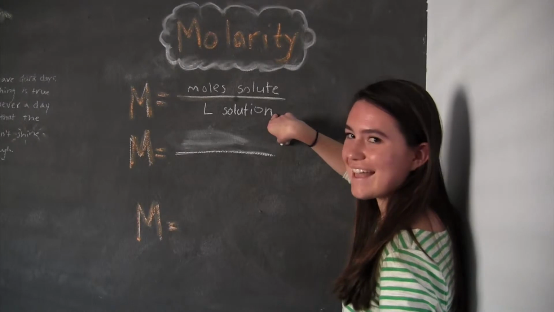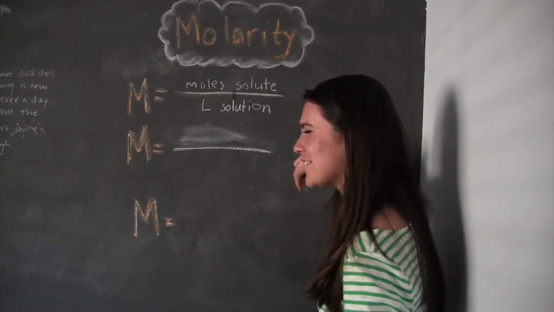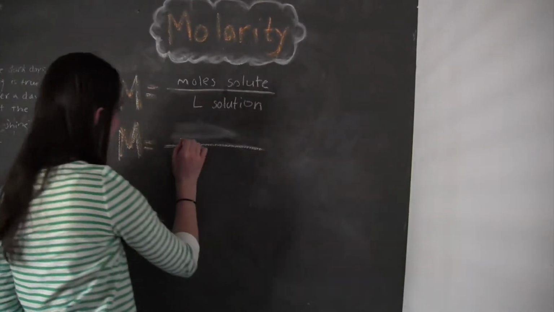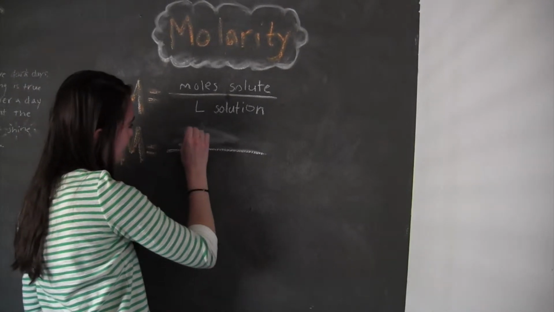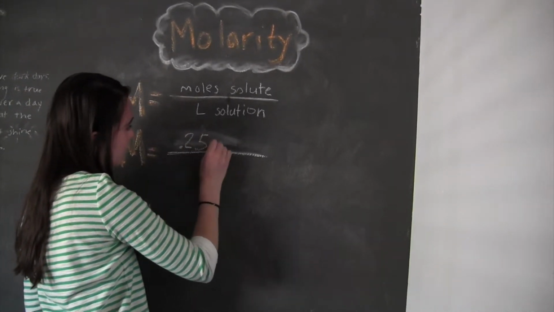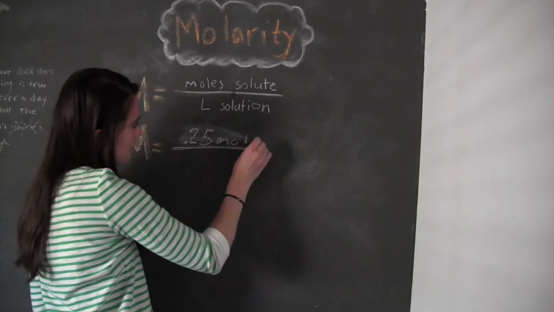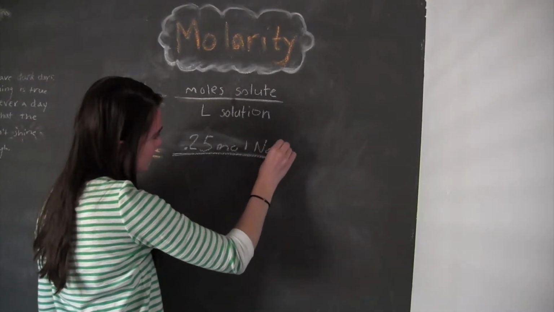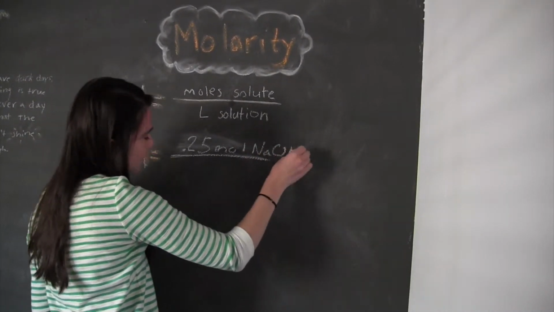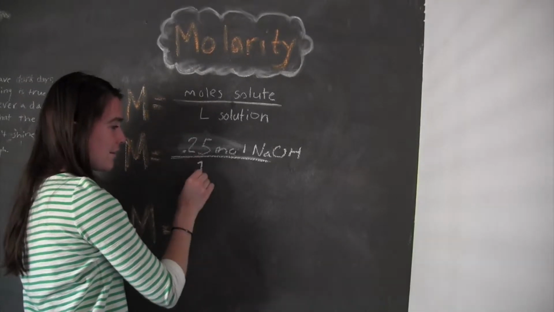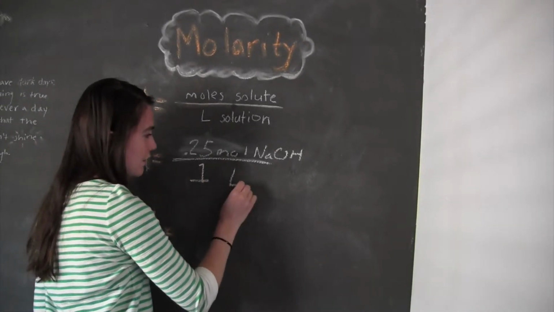And can you give us a sample problem, please? Yeah, sure, no problem. Say we have 0.25 moles of NaOH over 1 liter.